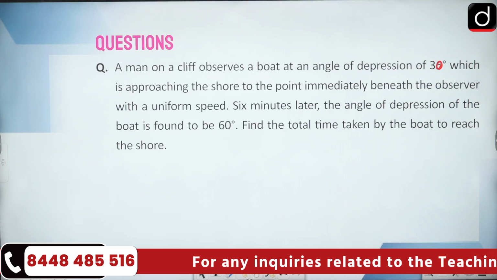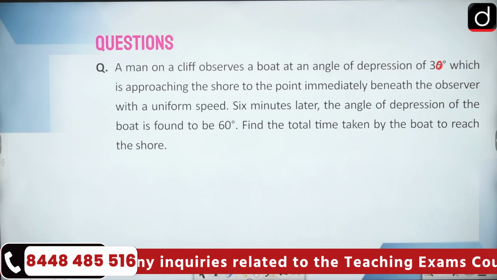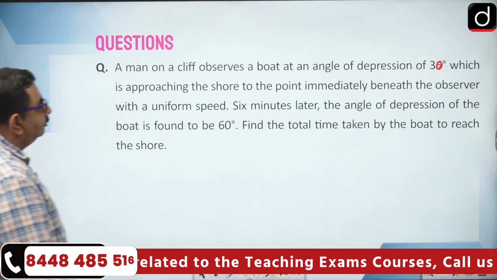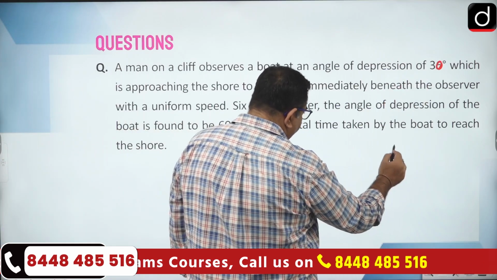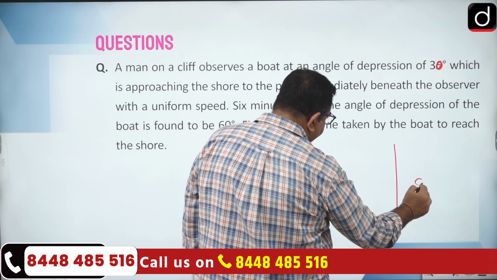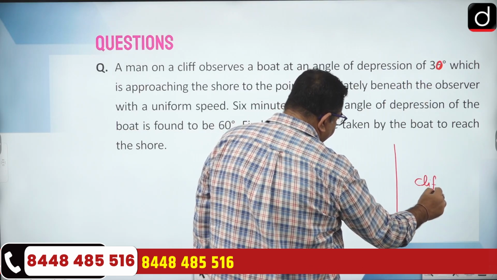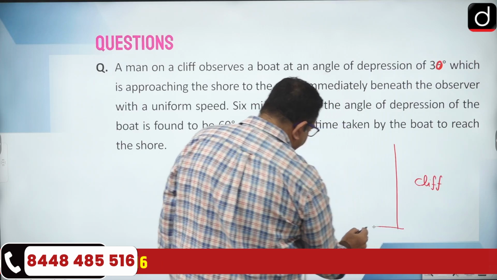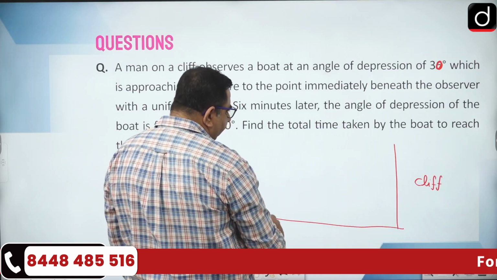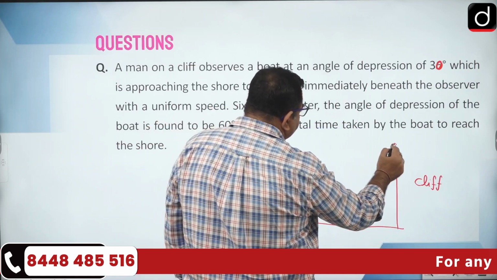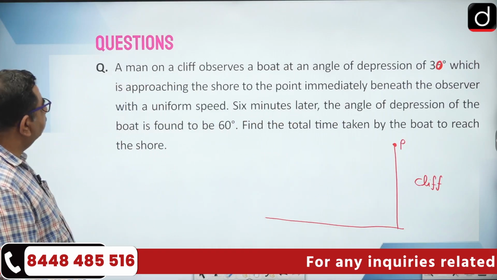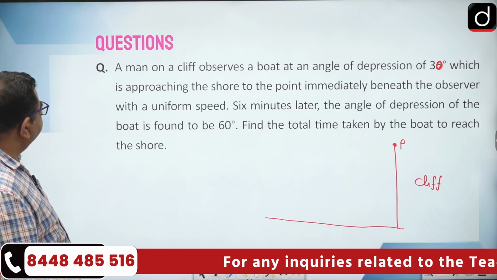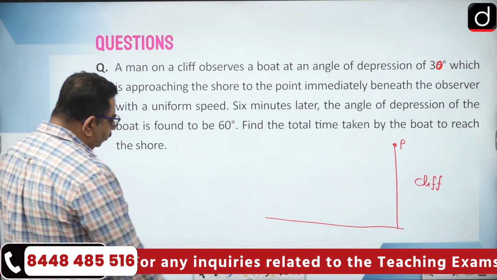A man on a cliff observes a boat at an angle of depression of 30 degree, right? So suppose this is the cliff. This is C, and there is a person P, so the person is on the top of the cliff.